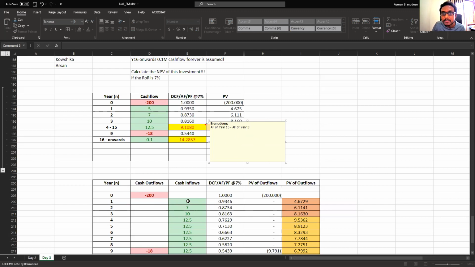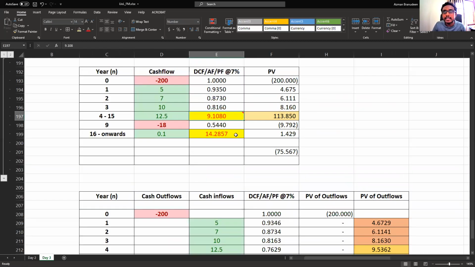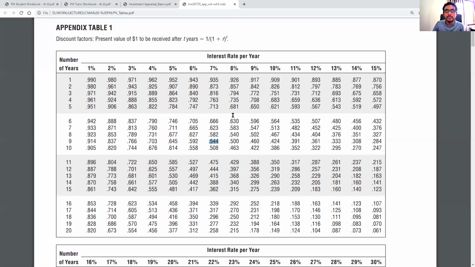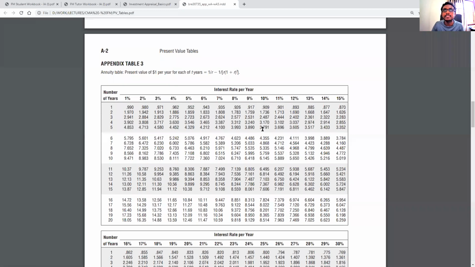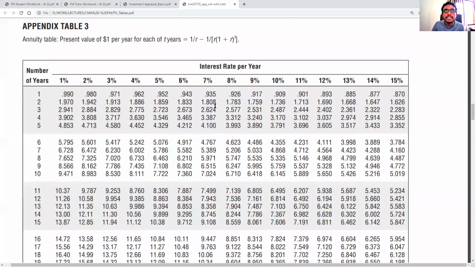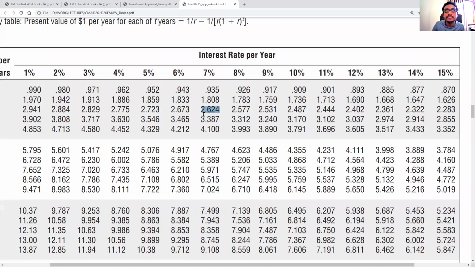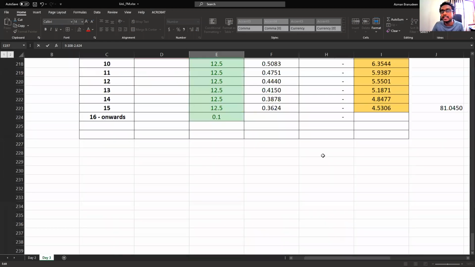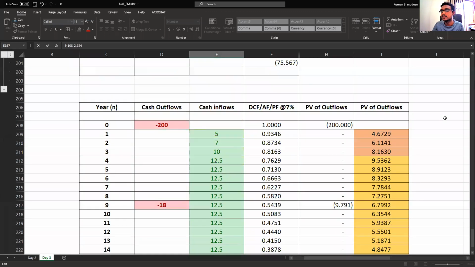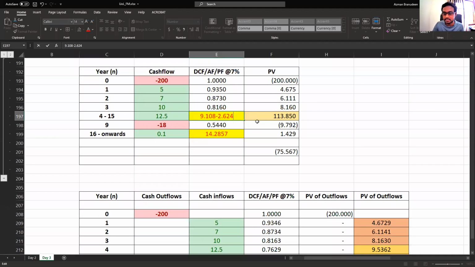The first 3 years, I'm not getting the 12.5. So those 3 have to be removed. Ideally what is happening is 9.1080. To get the right answer, I have to deduct the cumulative present value of 7% year 3, 2.624. Now when I do that, I should get a close answer to that 81 million I got here, 81.045. Let's see if I get it.